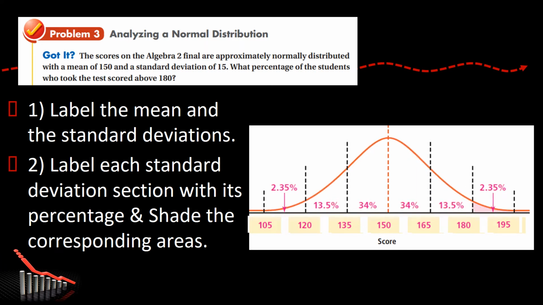So I've got all my percentages labeled, and I can see my shaded areas right here. If I wanted to answer the question, I would say 2.35% plus 0.15%, so 2.5%.